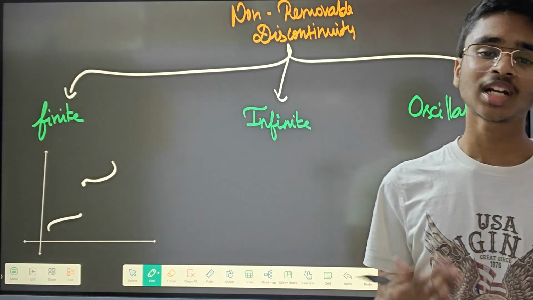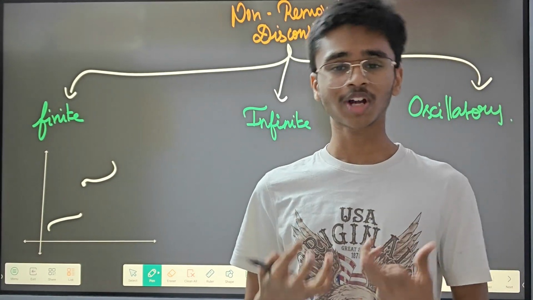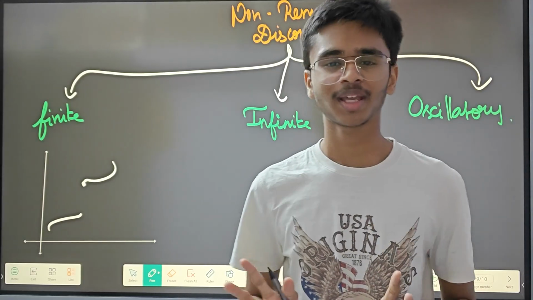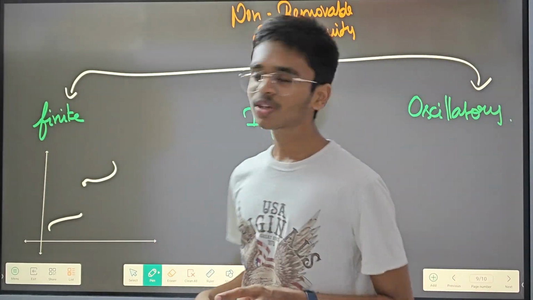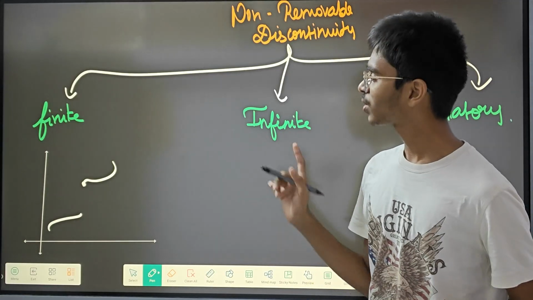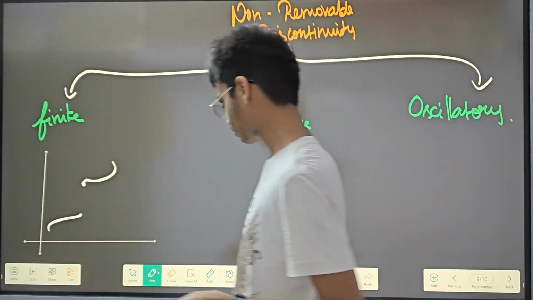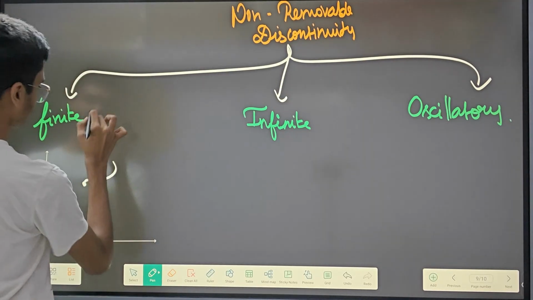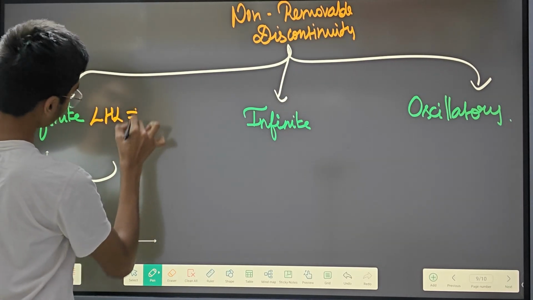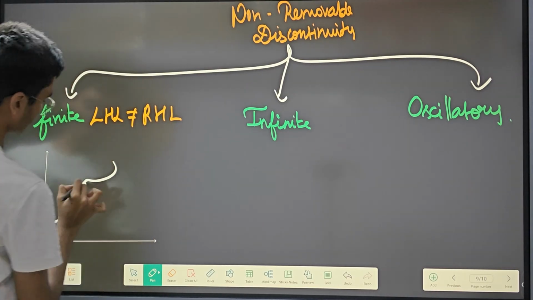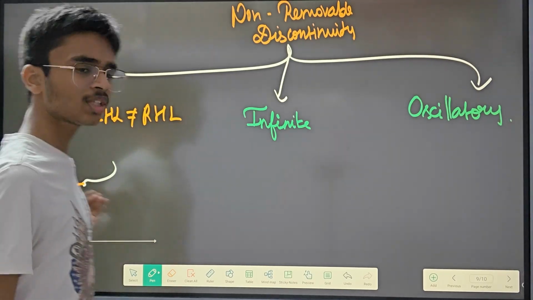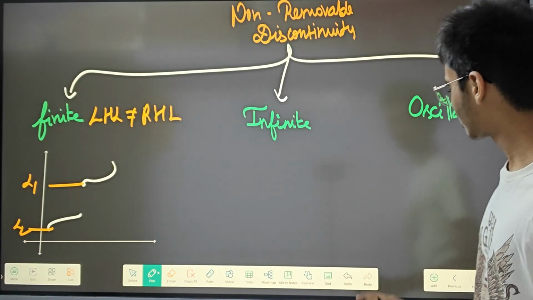If in case it was a point, it would be very easy for us to remove that one point and make it continuous. But here you cannot do like that. So it is actually finite. Very easily you can see that LHL is not equal to RHL. This is L1, then this is L2. See, are they both equal? There's no chance. The chance is going to be 0%.